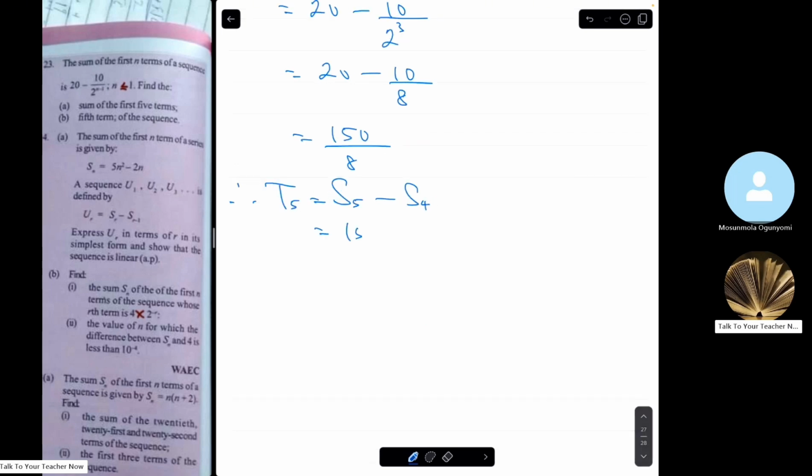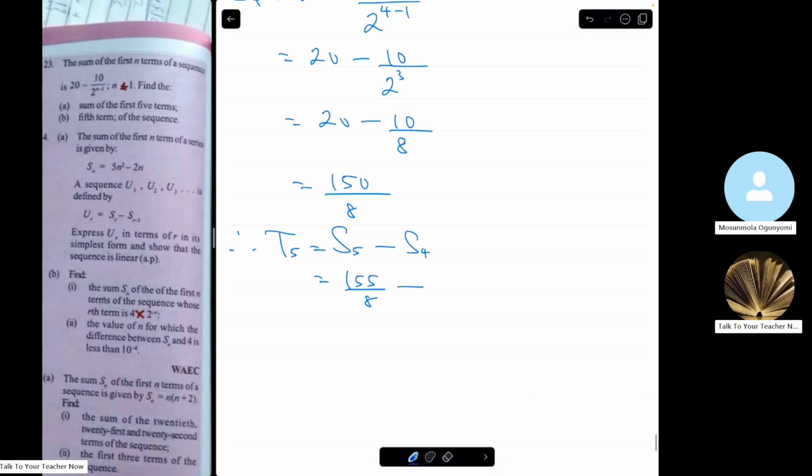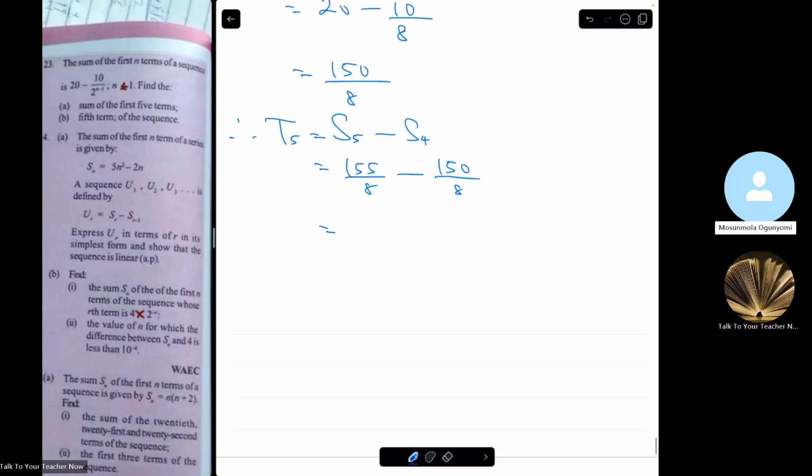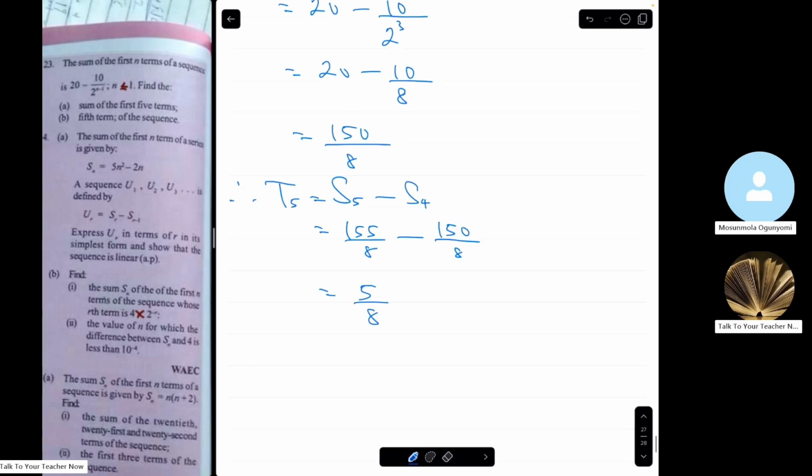Minus S4. You know why I left S4 as 150 over 8? Because it has the same denominator as S5. I could have made it 70 over 4, but I wanted it to have the same denominator as S5. So what's the fifth term? 5 over 8. Fantastic. That was not a difficult question.